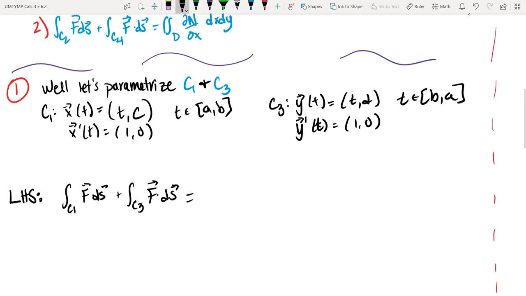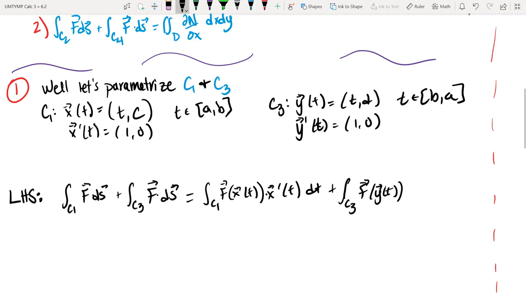This is equal to the integral over C1 of f of x of t, sticking that parameterization in, dotted with x prime of t dt, plus the integral over C3 of f of y of t dotted with y prime of t dt.